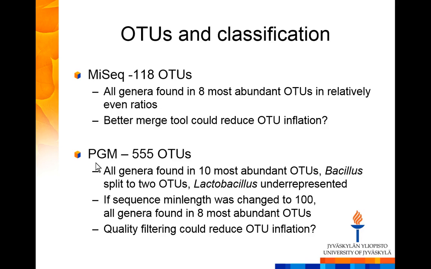Why you use this is that, well, we already heard and learned that singleton sequences or unique sequences are crap. There is sequencing error, there is PCR error. So you shouldn't worry about singleton, unique sequences. Another thing is that it somewhat correlates with the idea of bacterial species.